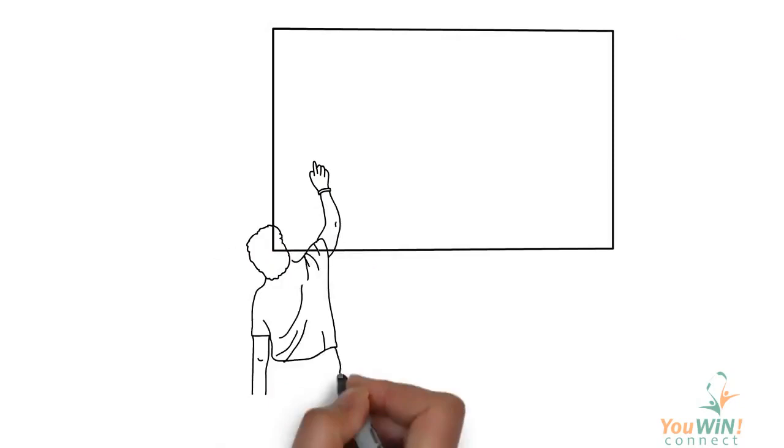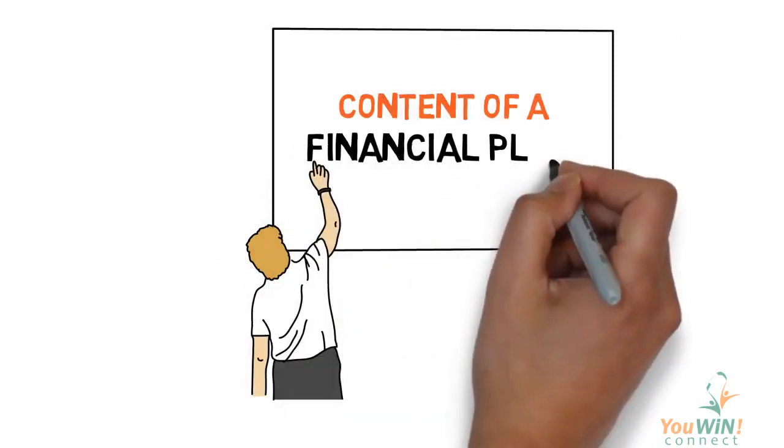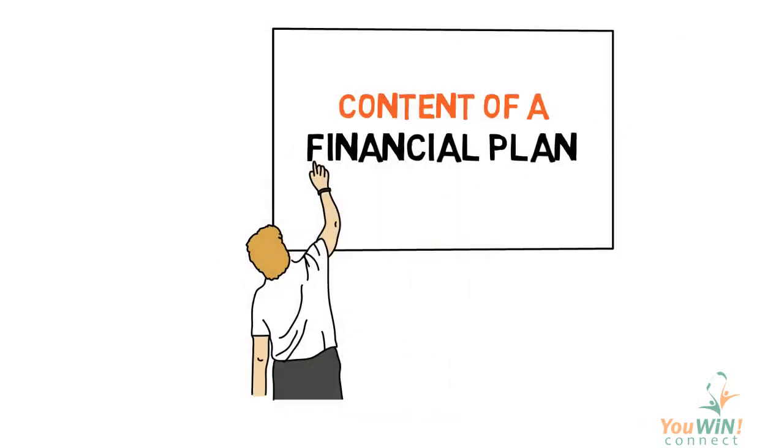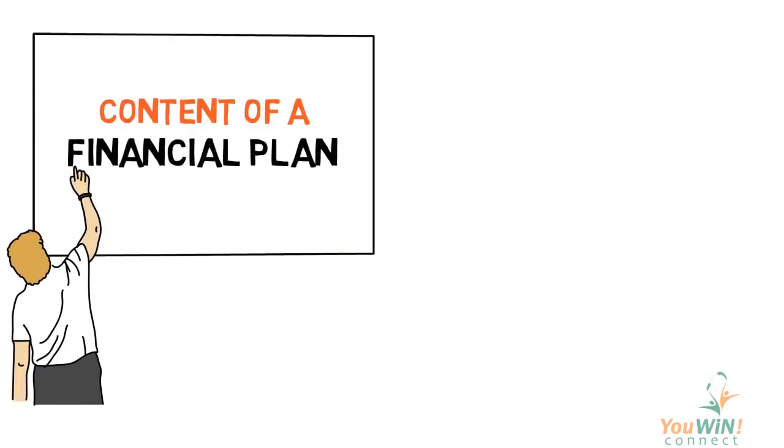So, what are the contents of a financial plan? There are three main components in the financial plan. First is summary of historical financials. So this will include the growth of turnover, profitability, property balance for at least 2 years, and other attached illustrated data.